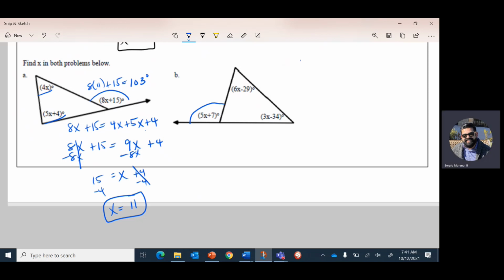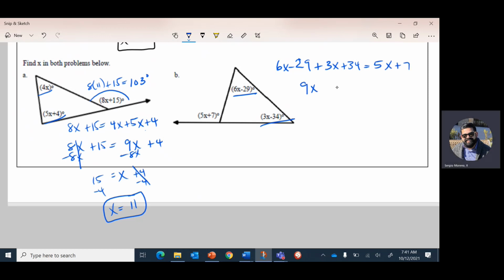This is the your turn. You know that exterior angle, which is 5x plus 7, is equal to these two interior angles added together. So when I add up the two interior angles, they are equal to the exterior angle, 5x plus 7.